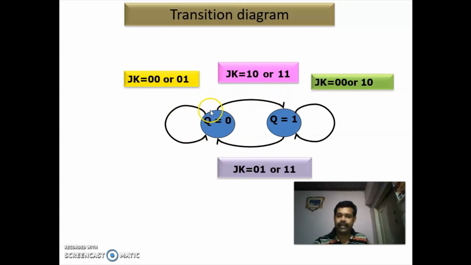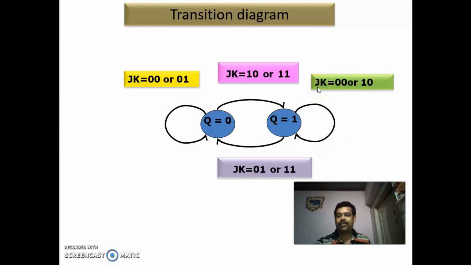When J is 1 and K is 0 and Q is 0, the next state will be 1, so it goes to the next state. Similarly, when J is 1 and K is 1 and the present state is 0, the next state will be 1. Then if J is 0 and K is 0 and the present state is 1, the next state is also 1.